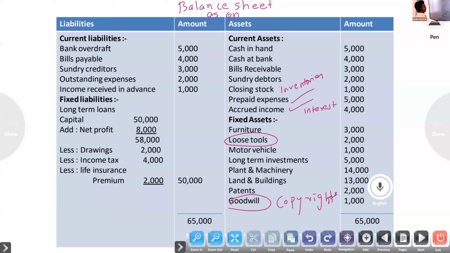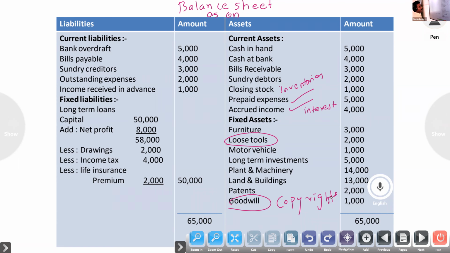It is intangible. If the firm gets super profit, more than the normal profit, every year, then we can say that the firm has some amount of goodwill, because through the hard work of the employees or staff, the firm got the goodwill.